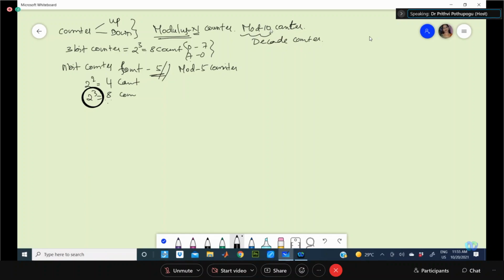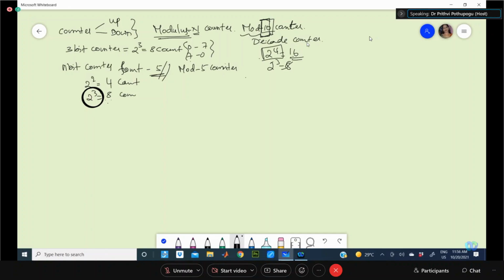Because if you take 2 power 4, 16 counts will be there. 2 power 3 means 8 counts. 10 is in between these two. That means we need to take 2 power 4, a 4-bit counter. 16 counts are possible, but 10 is the limit. Only 10 we count, then we reset back. That means it is a mod 10 counter, the decade counter. It resets back at 10.